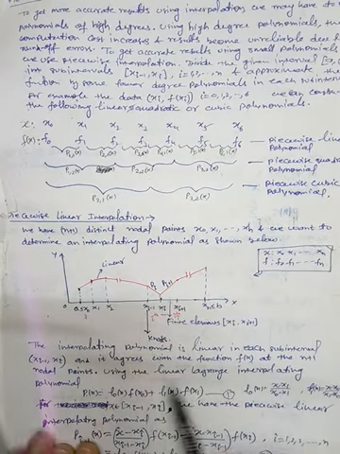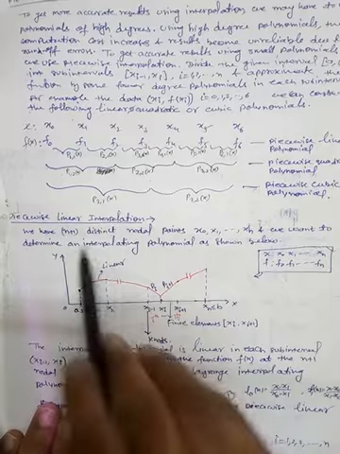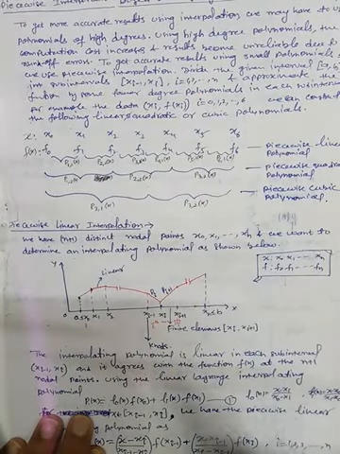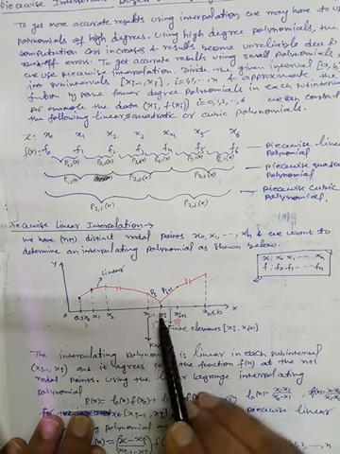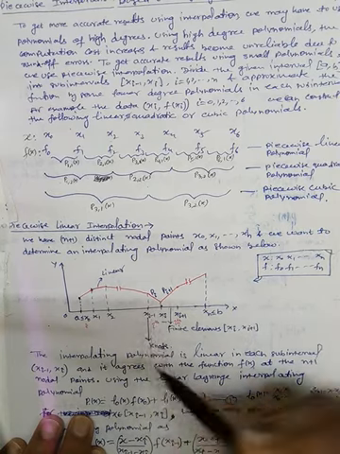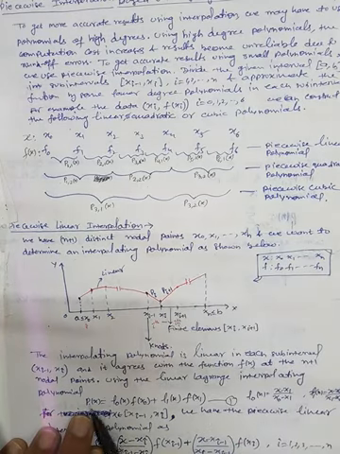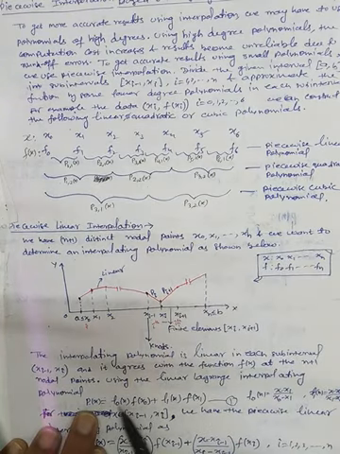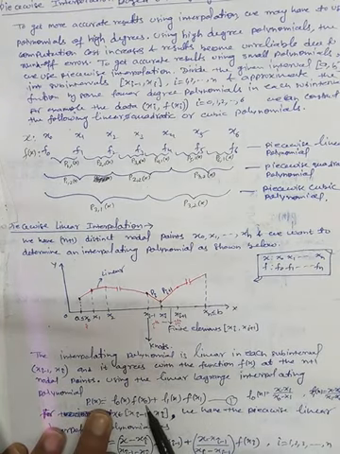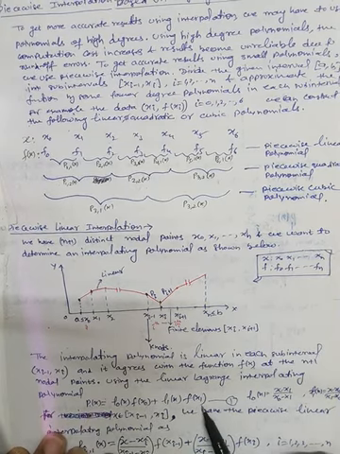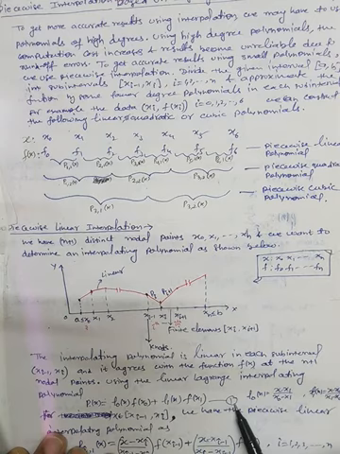Since we are discussing Lagrange's, Lagrange's interpolation will be used in this subinterval. In this subinterval, this value is f of xi minus 1 and this value is f of xi. So what will be the polynomial? P of x will be L0 of x f of x0 plus L1 of x f of x1. This is equation number 1.